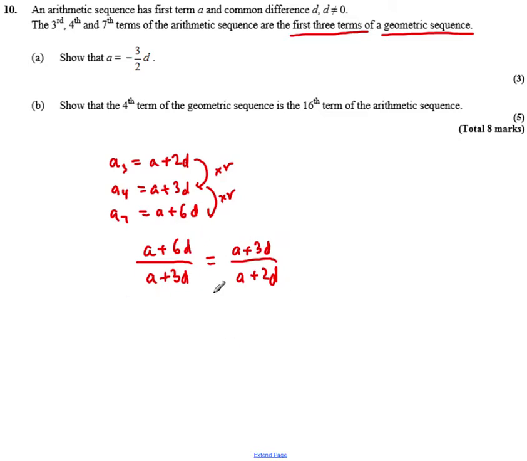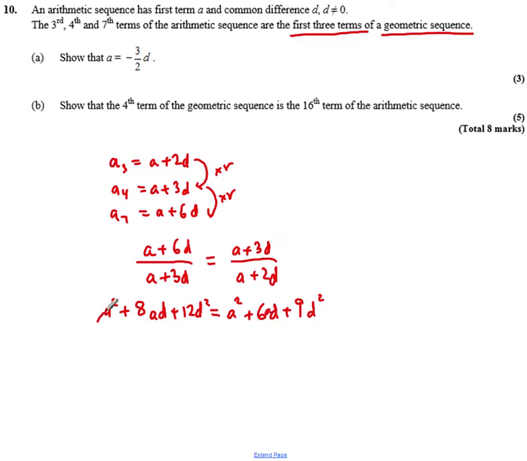We can cross multiply, kill the denominators, and we end up with an expression which says that a squared plus 6ad plus 2ad is 8ad plus 12d squared equals a squared plus 6ad plus 9d squared. Sorry, there should be an a in there.